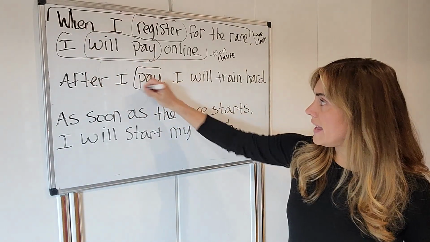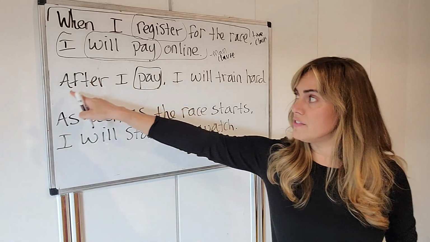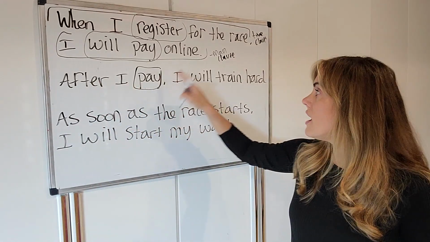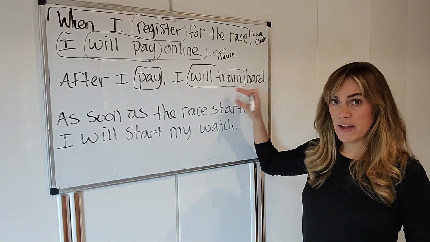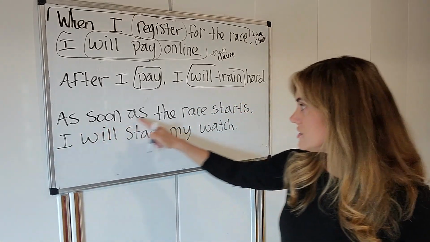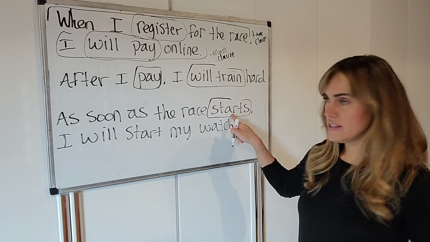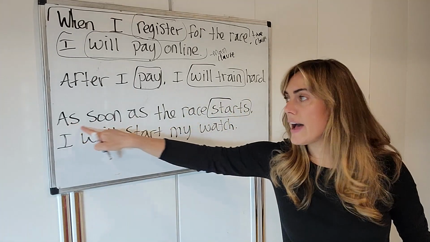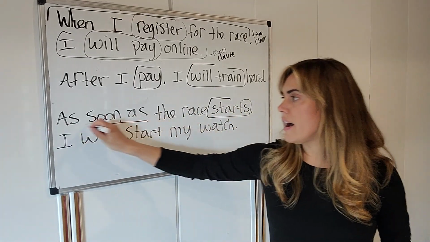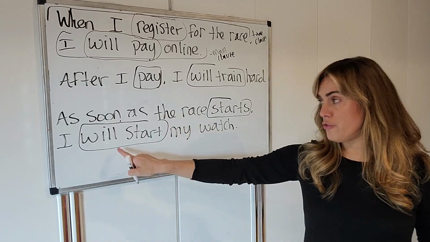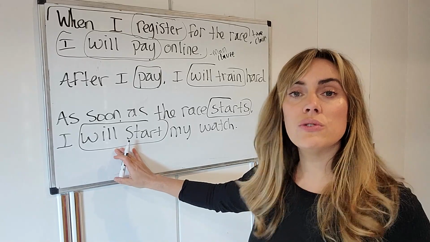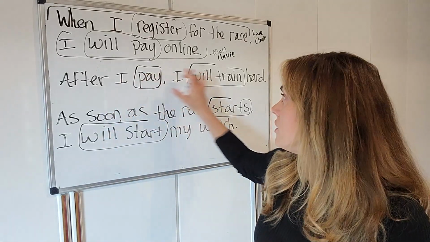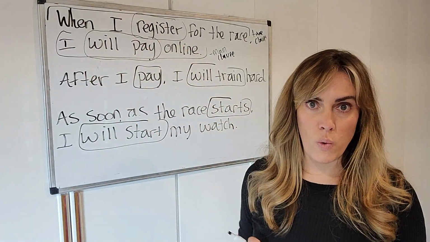After I pay, simple present, for the time clause, I will train hard, future, for the main clause. As soon as the race starts, simple present, for the time clause, I will start my watch, future, for the main clause. Now remember, you can also use be going to for all of these if you want.